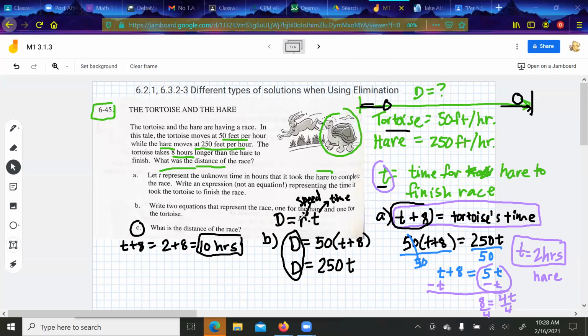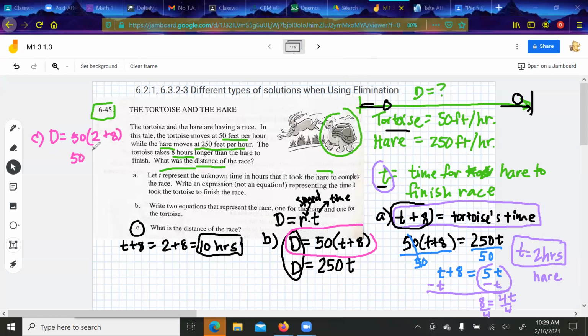We've got 2 equations right here, right? So to find the distance, we can use either of the 2 equations. I think I chose to use this one right here. So for part C, I'm going to write distance equals 50 times time, which is 10. We found T to be 2 plus 8, which is 10.